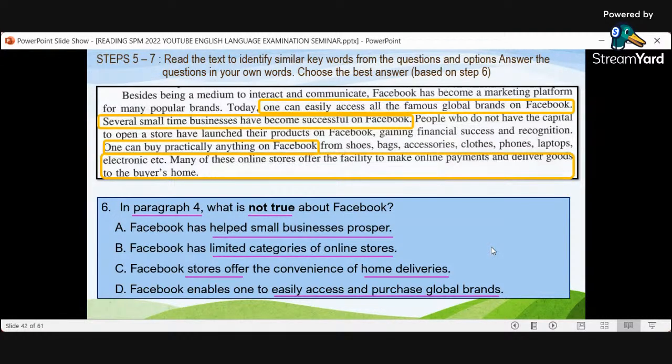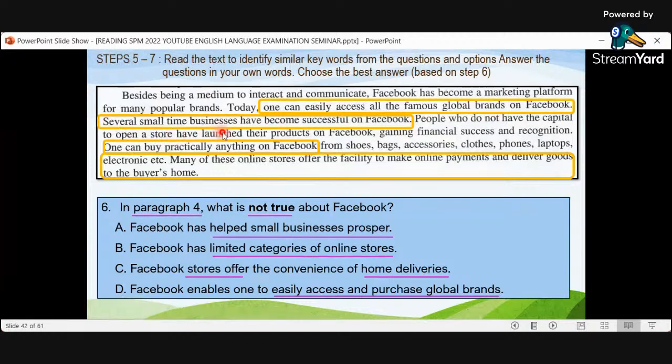And many of the online stores have facilities to make online payments and deliver goods to the buyer's house. So does it help? That is not true. Does it help smaller businesses prosper? Has limited categories of online shoppers. It offers home delivery. Here it says deliver goods to the buyer's home. Help small businesses.